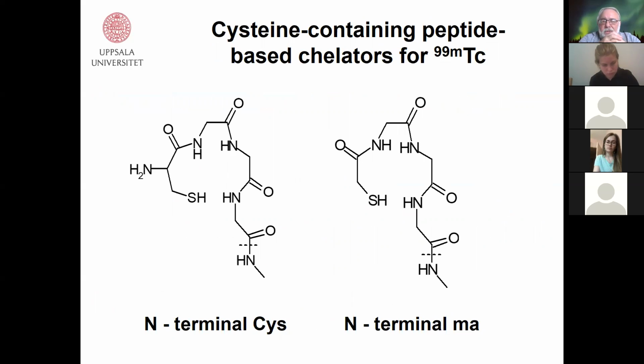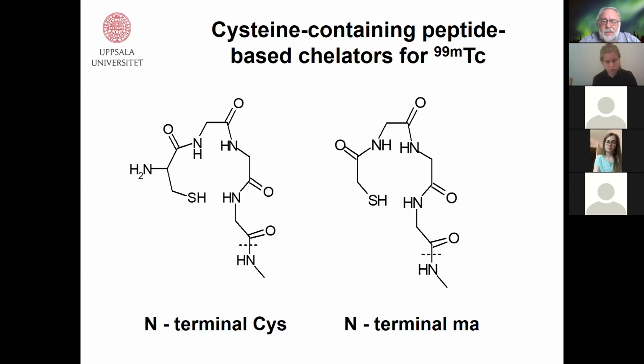As I mentioned, mercaptoacetyl has its limitation. It's not encodable. So this means that it's only peptide synthesis, and if you are using a recombinantly produced protein by biotechnology, there's no way to go.